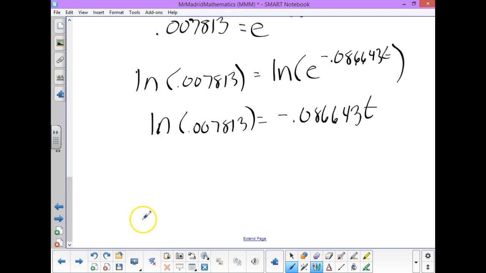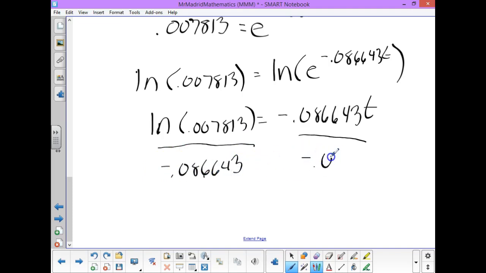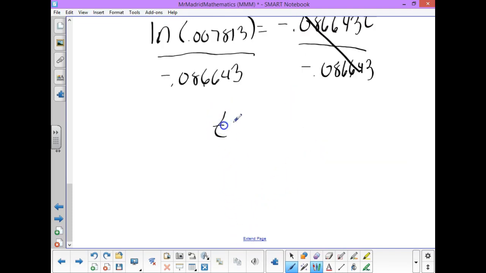Again, we're trying to solve for t here, so we can simply divide by this value, and because it is so lengthy, I might as well just set it up here. Negative 0.086643 on each side. It'll cancel, ultimately leaving us t.